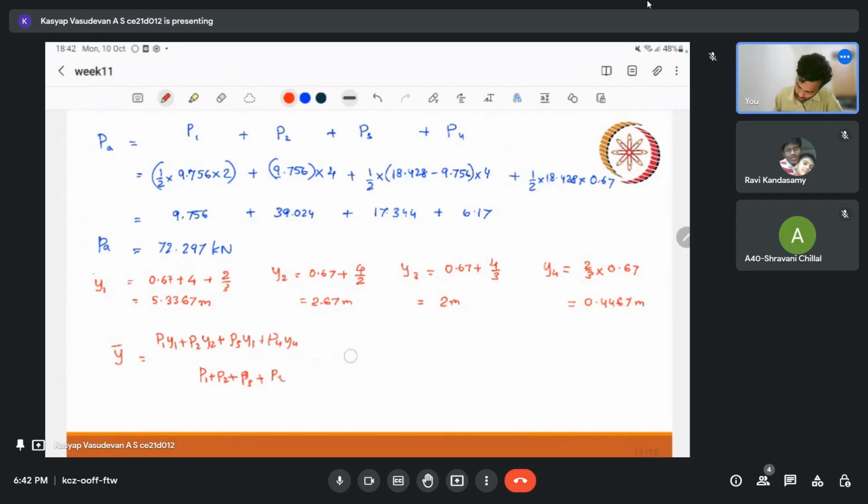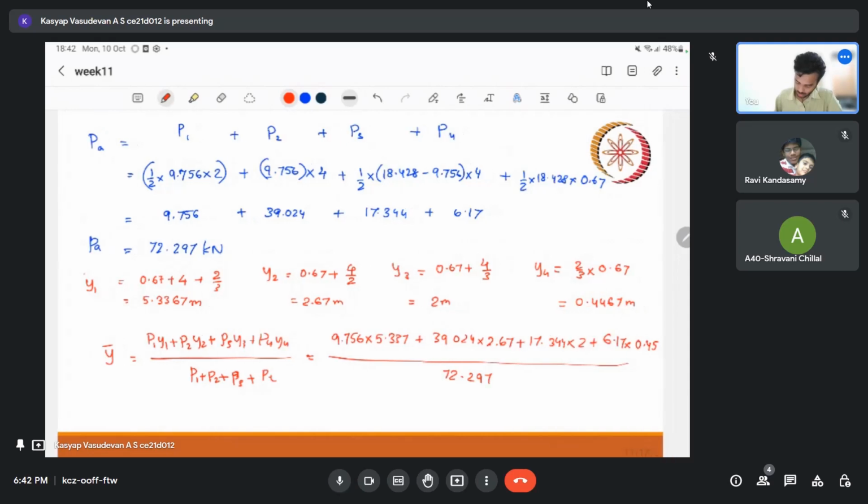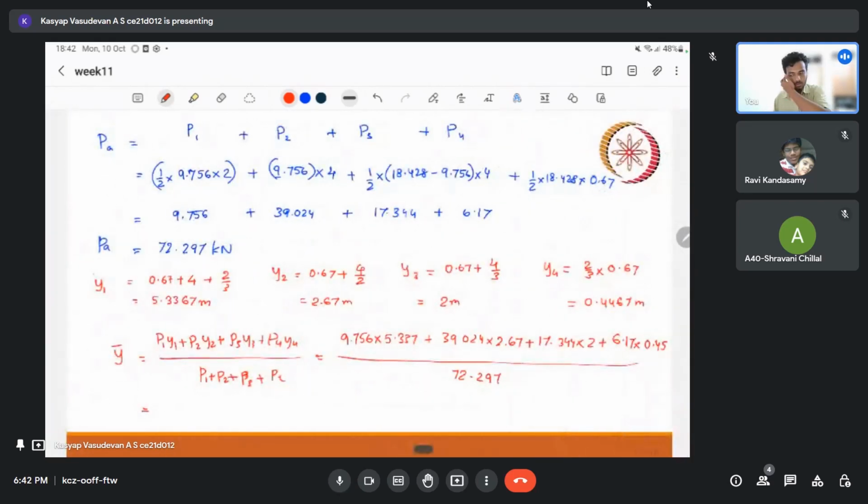So that is 9.756 into 5.337 plus 39.024 into 2.67 plus 17.344 into 2 plus 6.17 into 0.45. If I divide the whole by the total, 72.297, we get y dash equal to 2.68.